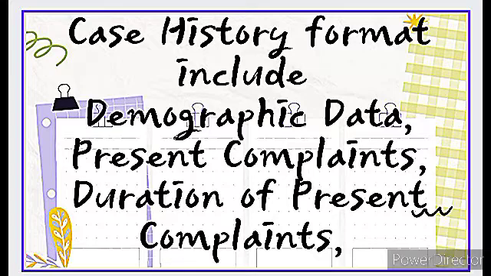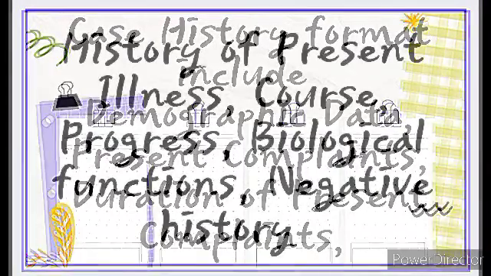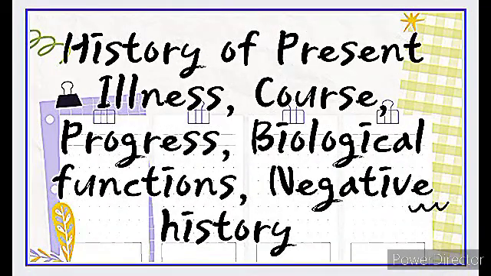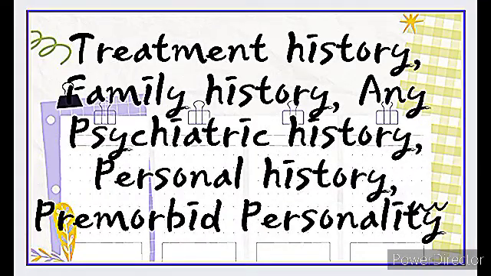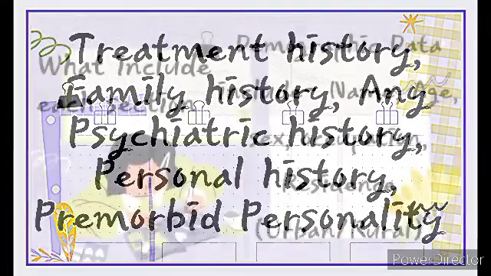After this we have history of present illness, course, progress, biological functions, negative history, treatment history, family history, any psychiatric history, personal history, pre-morbid personality. So what does each section include?